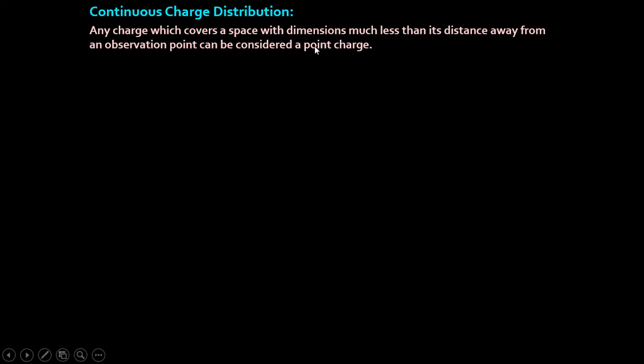First of all, what is a point charge and what is the meaning of continuous charge distribution? If you understand both, then we can easily understand the charge density for different scenarios. First, what is a point charge? I'll give you a small example. If you see a bus very near to you, a couple of feet away, the bus looks very big. But if you see the same bus some 50 to 60 feet away, the bus looks very small, because you are far away from the bus.